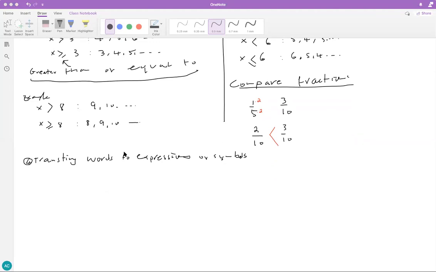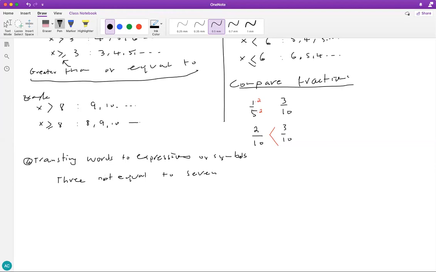So starting from what we just saw, let's say 3 might be written like this. So 3 not equal to 7.